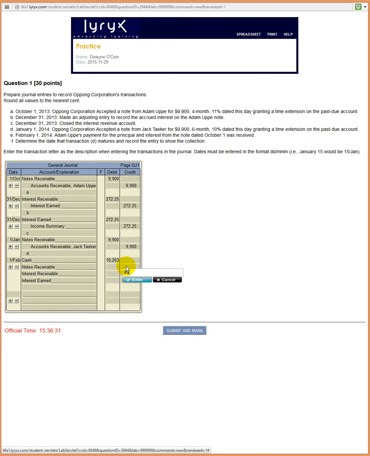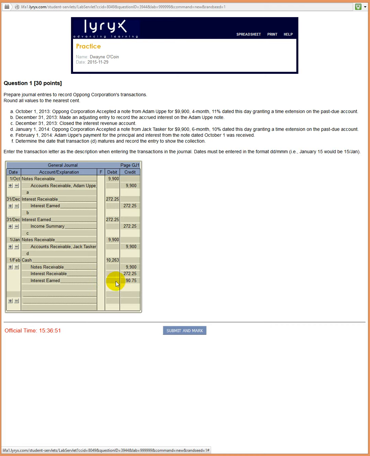The note is 9,900. The interest receivable is the 272.25 we set up there. Interest earned for the month of February, 9,900 times 0.11 times 1 month out of 12. Just the month of February.